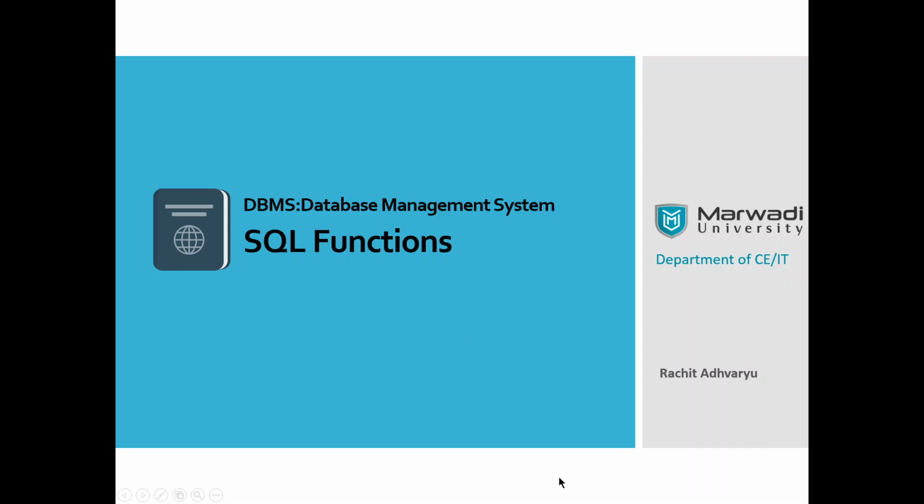So basically these functions are mainly used with the queries of select. We repeatedly use some type of functions in our queries because we want to retrieve or display or fetch some typical type of data from the table. So we require functions for it, and that is what we are going to learn today. That is SQL functions, right?